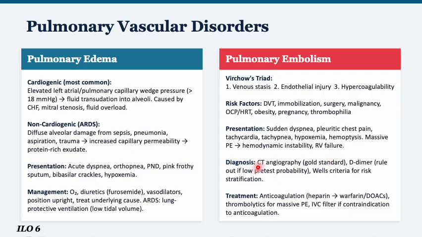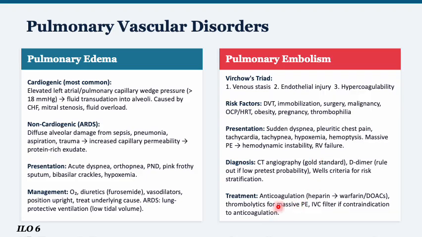Diagnosis is made from CT angiography, which is the gold standard. You can also use a D-dimer to rule out if low pretest probability. You can also use the Wells criteria for risk stratification, and I talked about that last week.